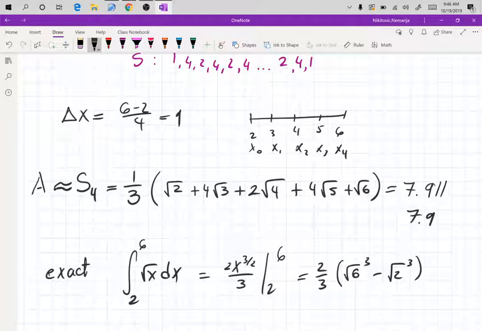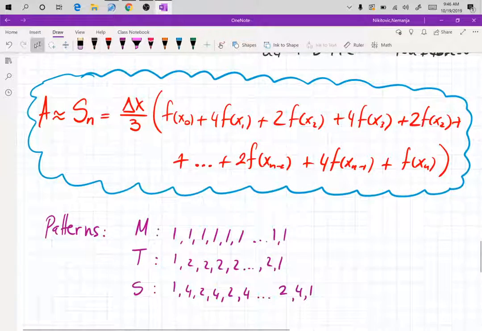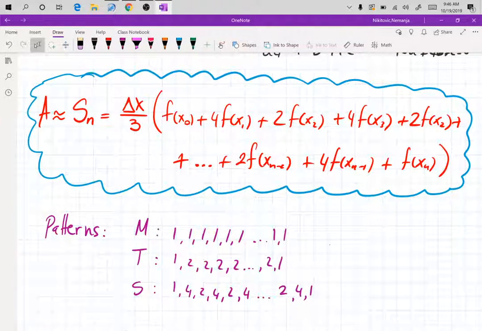Or I have a problem asking you to use a particular one. Or I have a problem, state the 3 numerical formulas, where you just have to write the 3 formulas. So it could be 1 calculation problem, 1 calculation plus writing 3 formulas, or 2 calculation problems on the test, depending on which way the test goes.